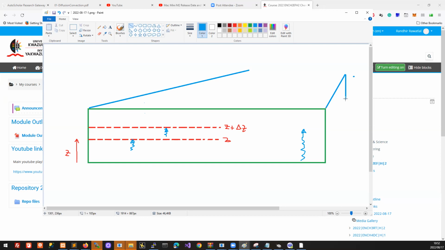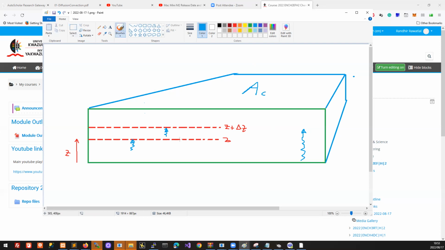So here on the top surface, there is a cross-sectional area, which we will just define as AC. So the area here is AC.